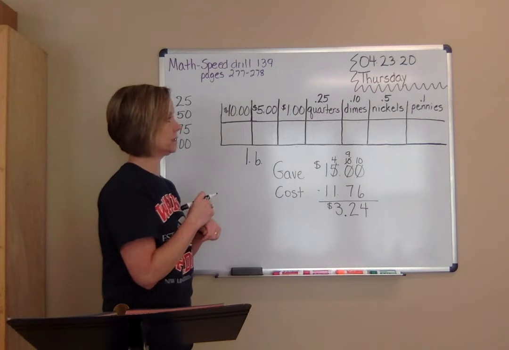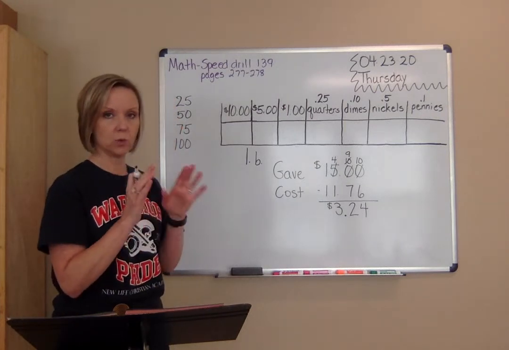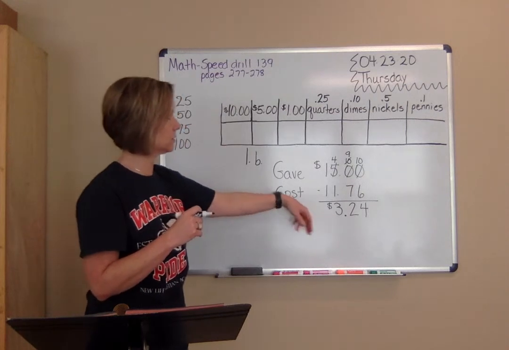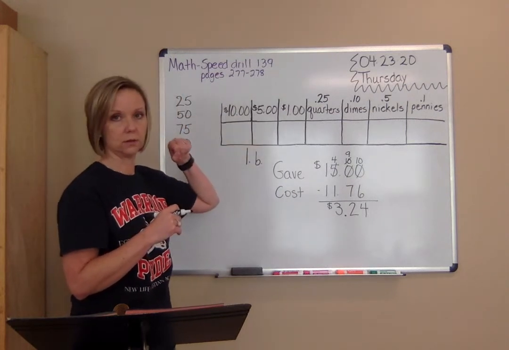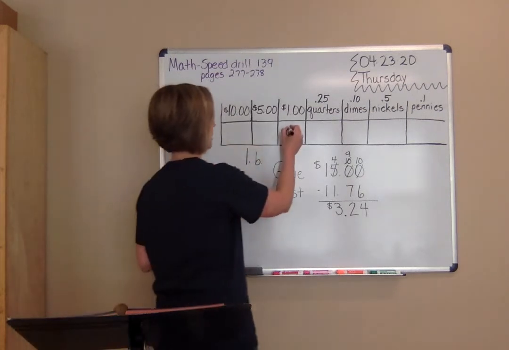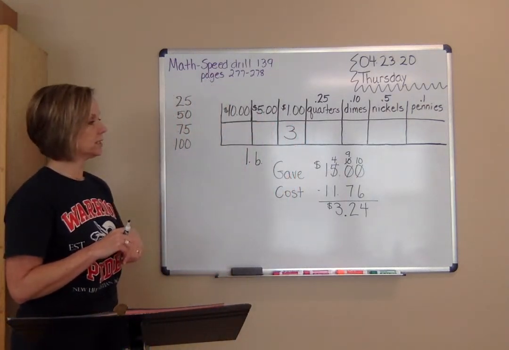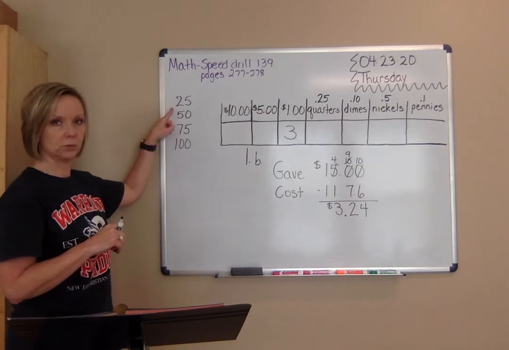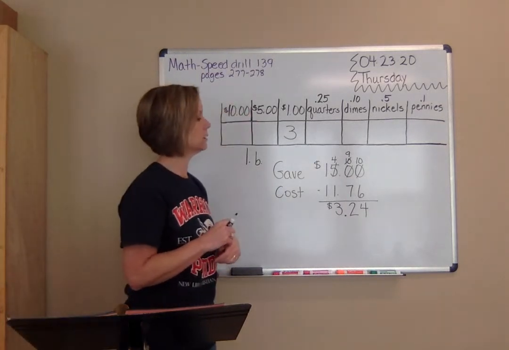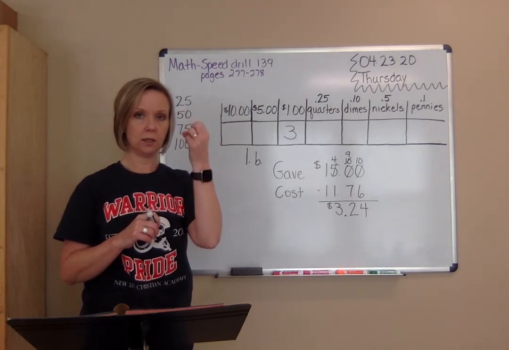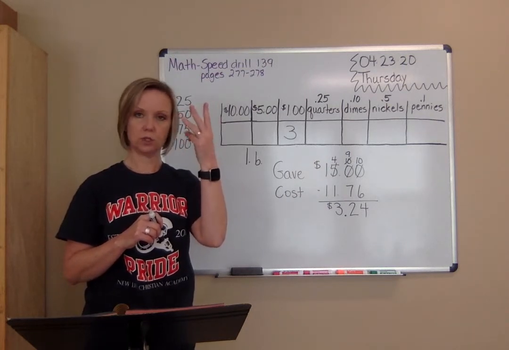All right, so quickly, let's go over the change. How do we pull this out of our cash drawer? I need $3, so I need what? 3 $1 bills, right? We don't want to give a 5, that's too much. 24 cents. 1 quarter is too much. I got to skip the quarters. Dimes. 10, 20, 30. Oh, too much. Back up.